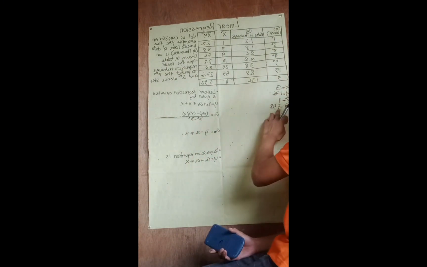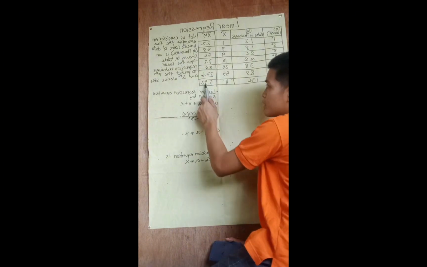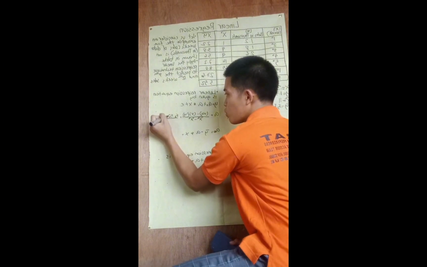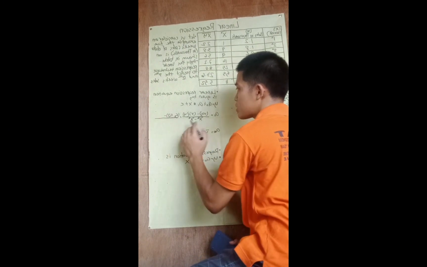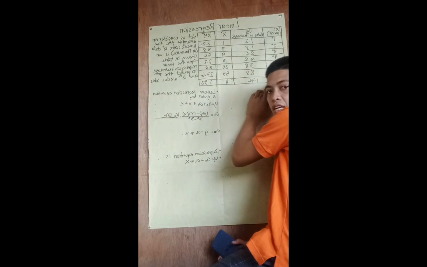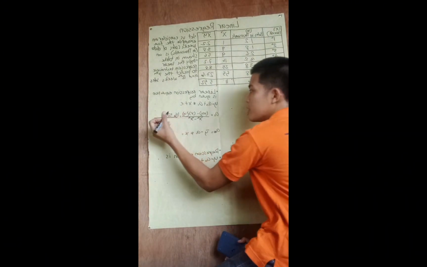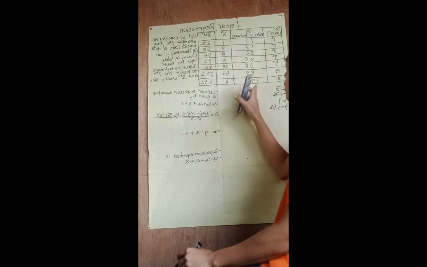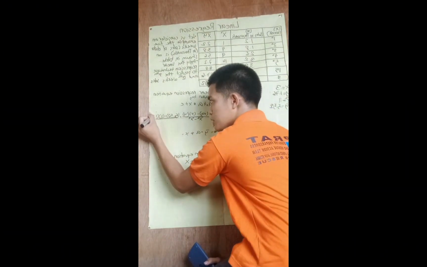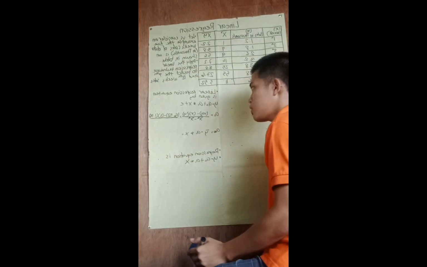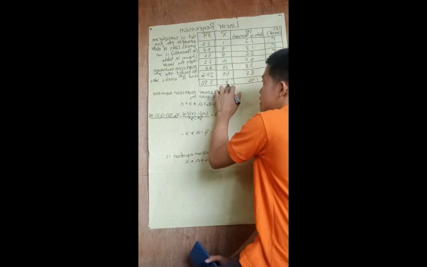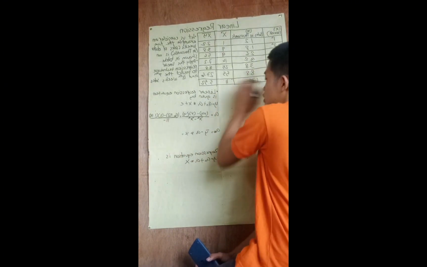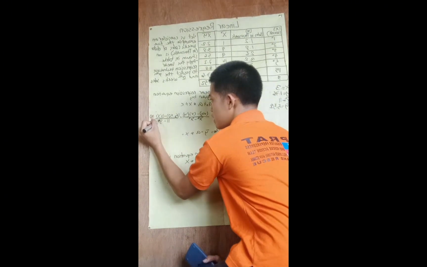Our mean of xy is 5.52, minus the mean of x, which is 3, times the mean of y, which is 1.76, over the mean of x squared, which is 11, minus 3 raised to 2.